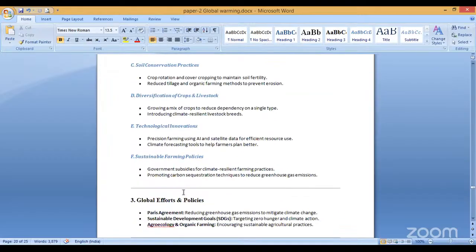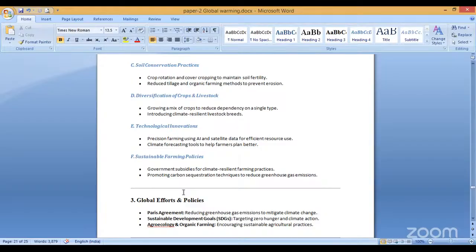Then coming to the next one, soil conservation practices: crop rotation and cover cropping to maintain soil fertility, reduced tillage and organic farming methods to prevent erosion.